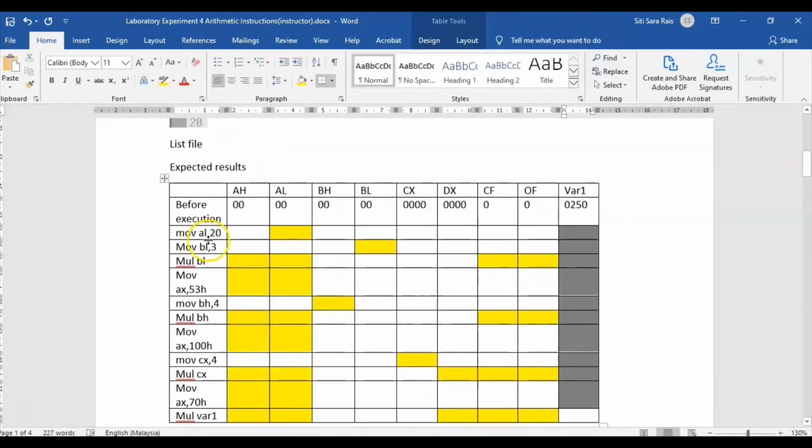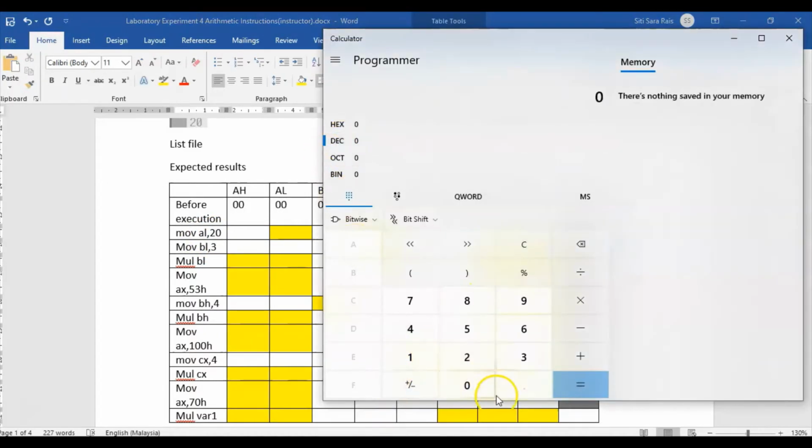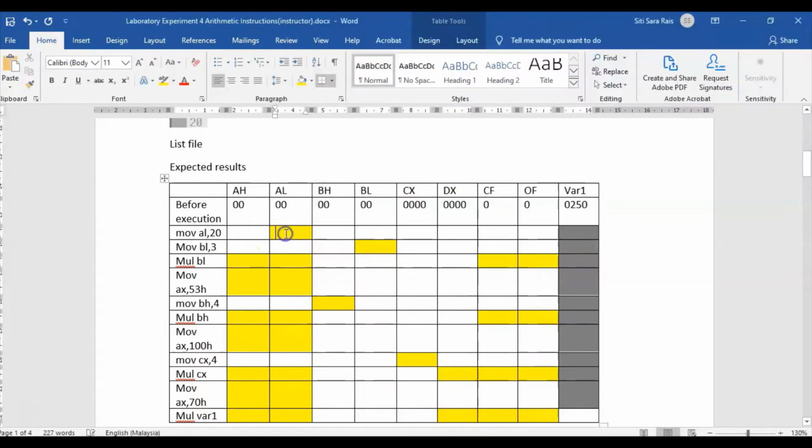Then move AL 20, so change this decimal value: decimal 20 is hexa 14. Then BL, we have 03.